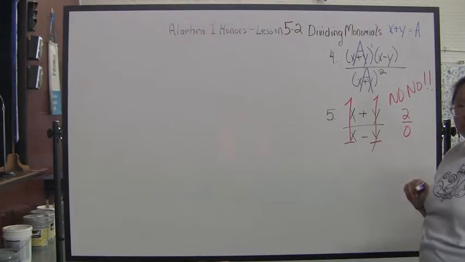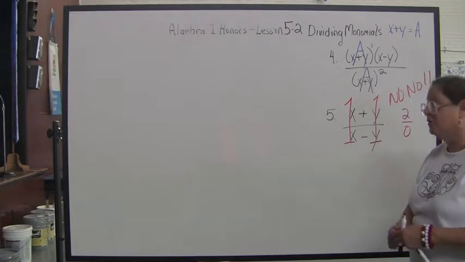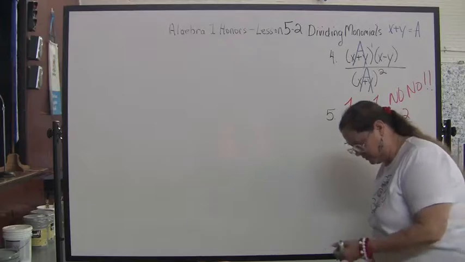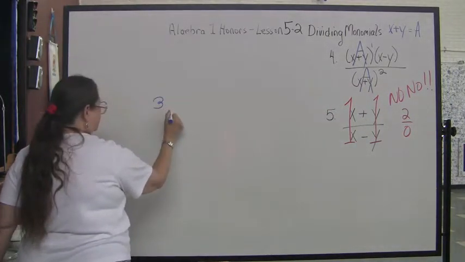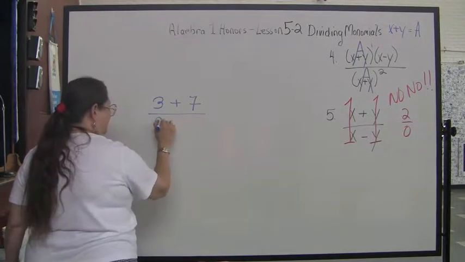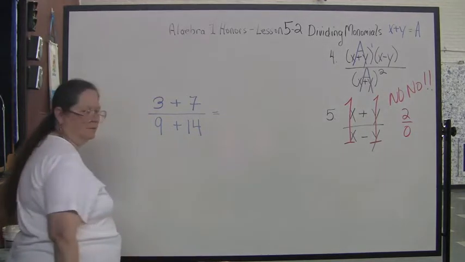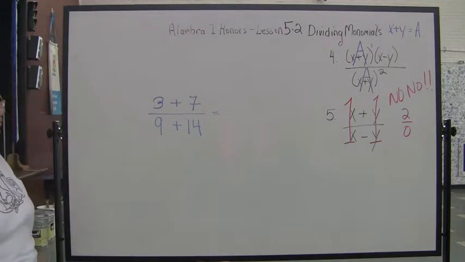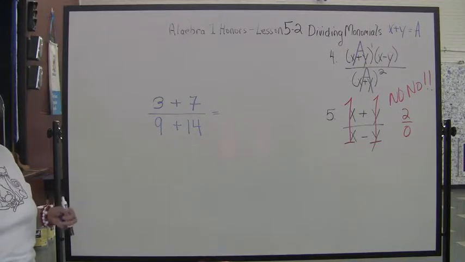And let's see why. Let's see if we could do this with numbers. If you can't do it with numbers, you cannot do it with letters. So if we had 3 plus 7 over 9 plus 14. Okay? Now, order of operations. First, let's calculate what we know this to be.